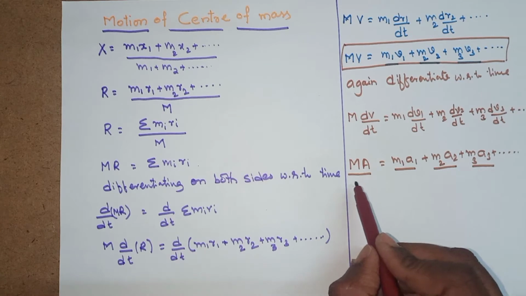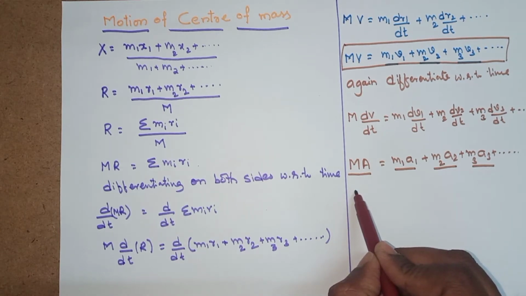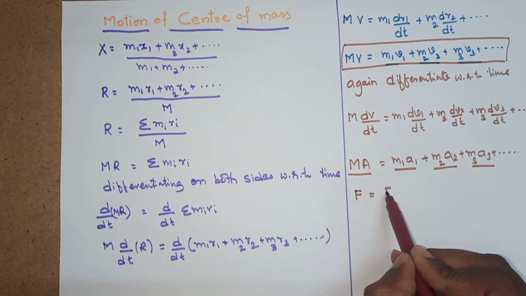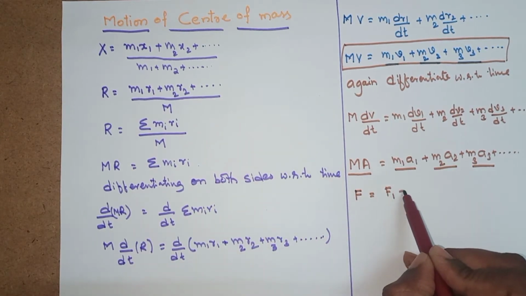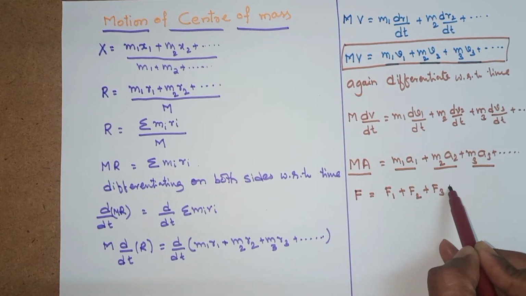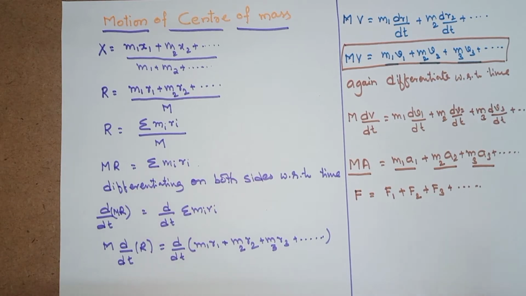Now how to write this one? M a is called the force F, which equals F1 plus F2 plus F3, and so on. The sum of the forces acting on the individual particles is equal to the total force acting on the body.